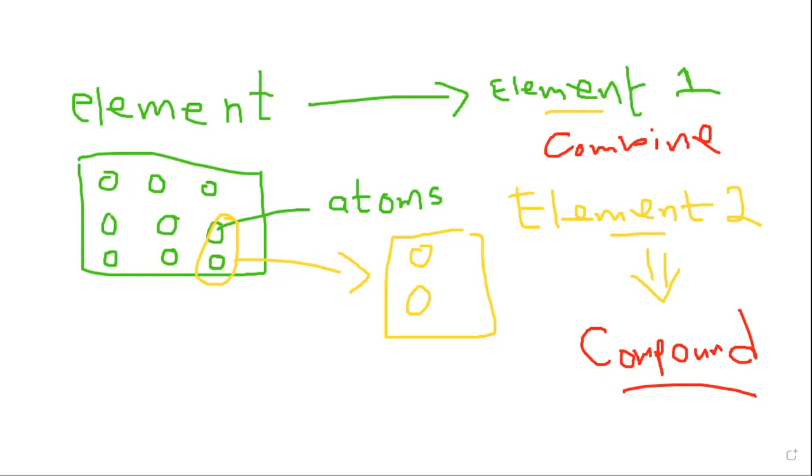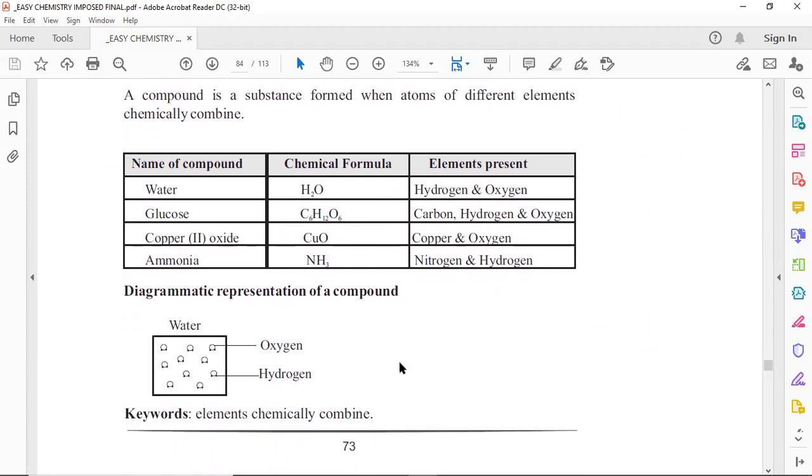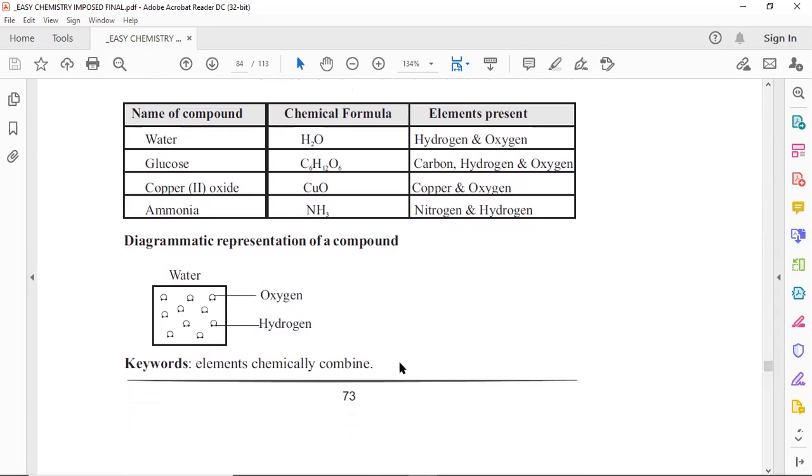Let's refer back to the notes. So those are some of the examples of compounds and their composition. If you look at the diagrammatic representation of water, in water we have oxygen.